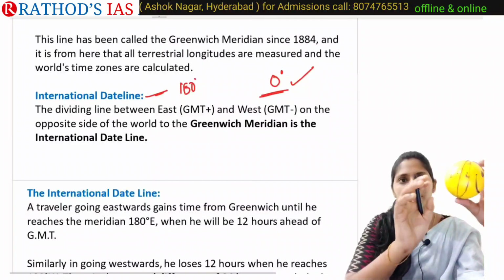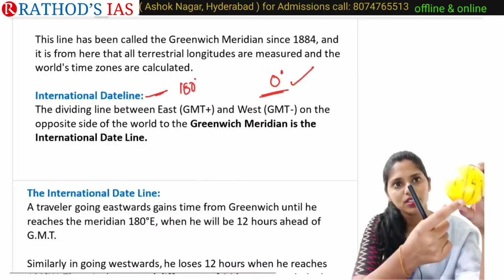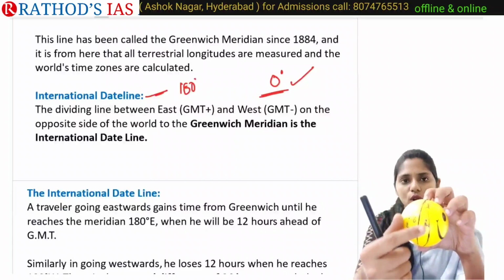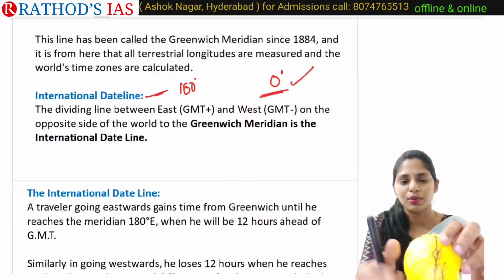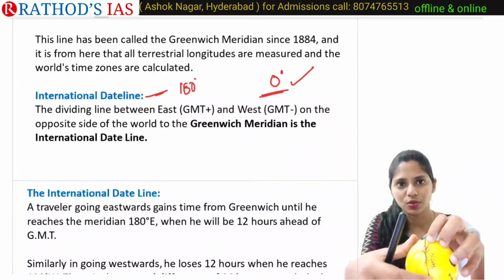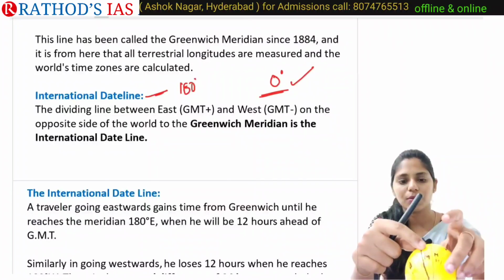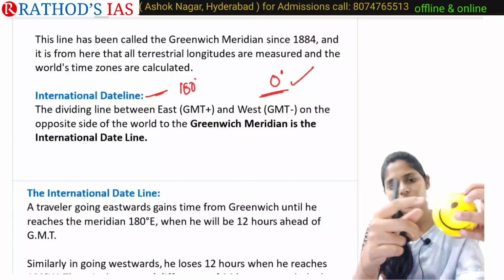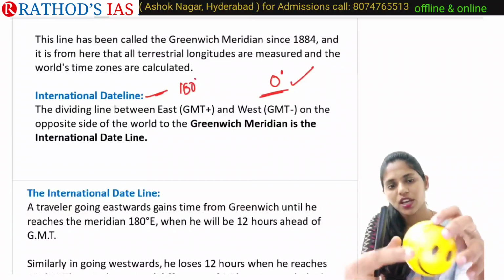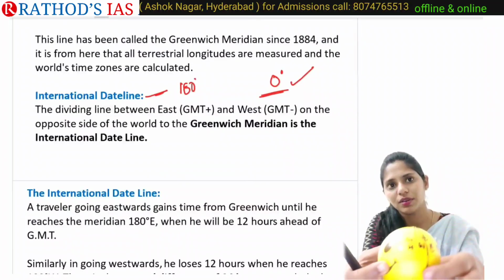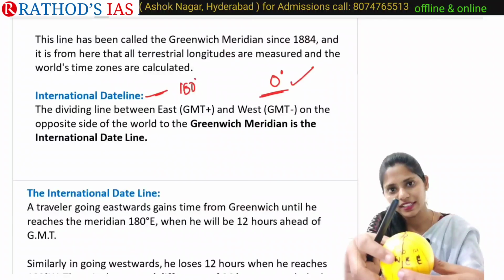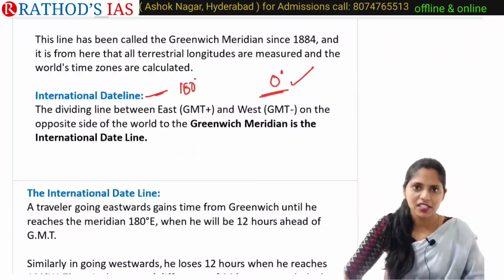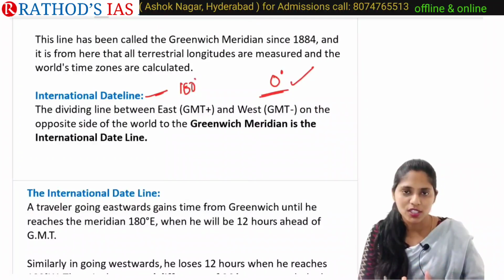This is our 0 degrees longitude, and exactly on the opposite side we will have our 180 degrees longitude.